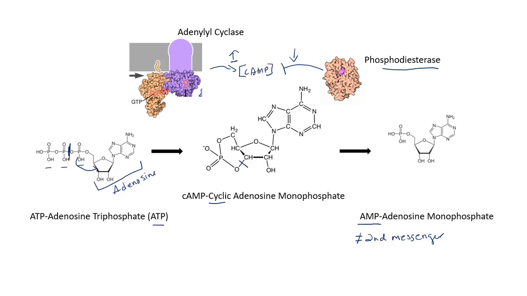The only way we're going to have an increase in cyclic AMP concentrations is if we're activating adenylyl cyclase downstream of that adrenergic receptor. Now, cyclic AMP is a very commonly used second messenger, and it's capable of influencing many cellular signaling pathways. But in the context of this specific response, it influences the activity of an enzyme called protein kinase A, or PKA.